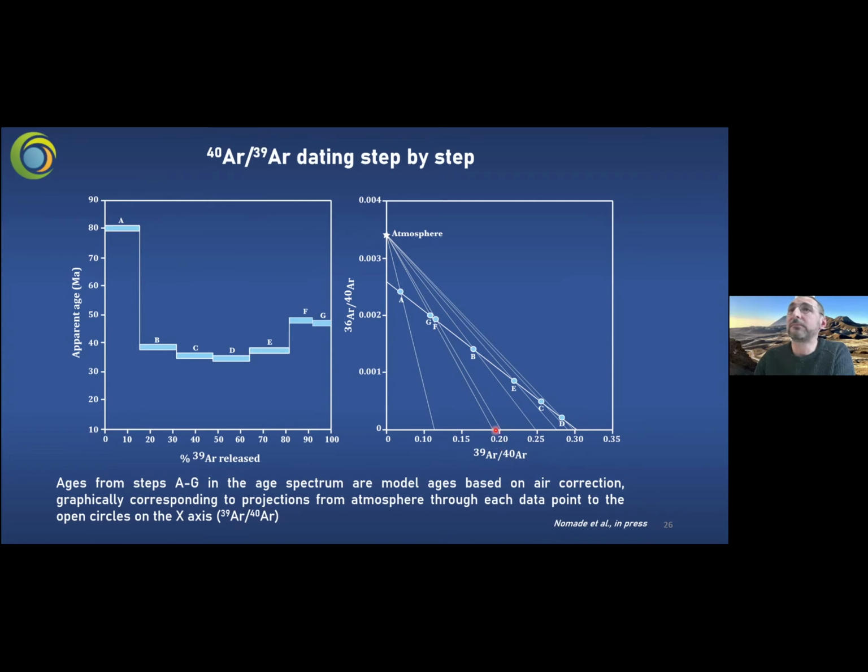But if you have excess argon, everything is shifted, and the first point does not correspond to the atmospheric. So building from there to there is a simple projection from an ideal case to the real measurements, the 40-36 ratio in that particular step. Okay.